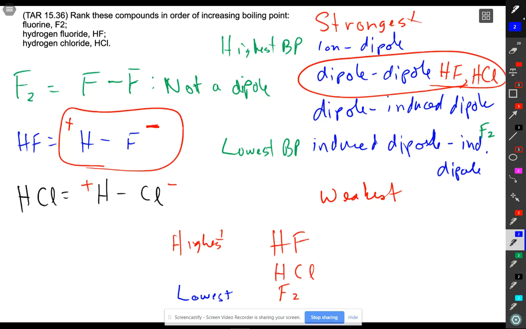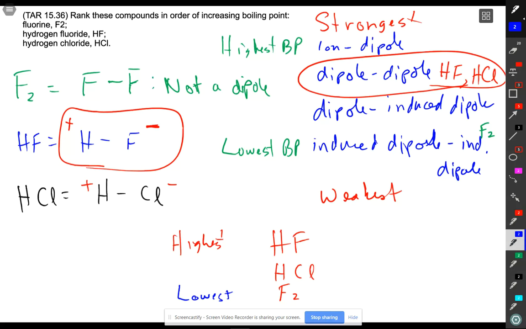You need to say, so here's what you need to have written down. You need to have F2, this is a non-polar molecule because each of the atoms has the same electronegativity. And thus it bonds by induced dipole, which is the weakest, giving the lowest boiling temperature.